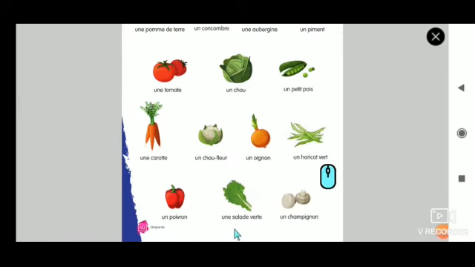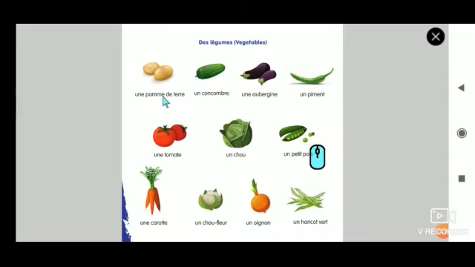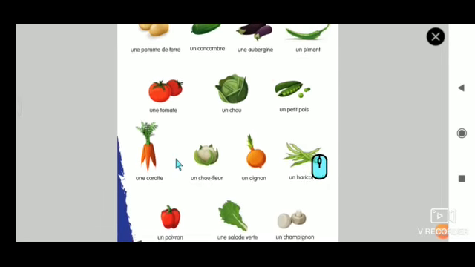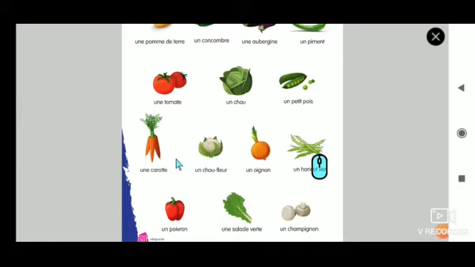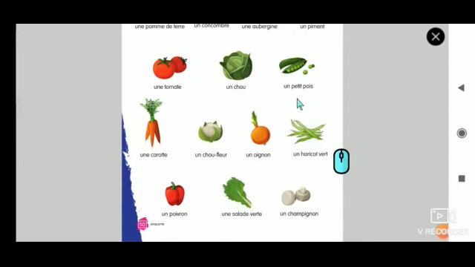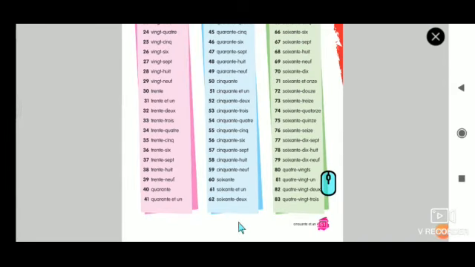That's it. So 2 in the first line, that is une pomme de terre, une aubergine, number 1, number 2. Second line it is une tomate alone, third line carotte, so 4 is over, and the fifth one is une salade verte.